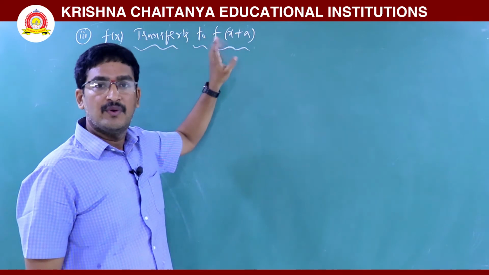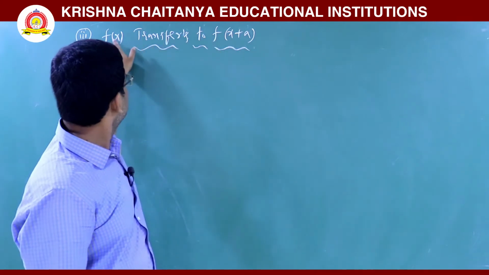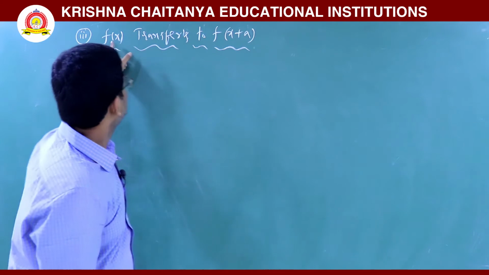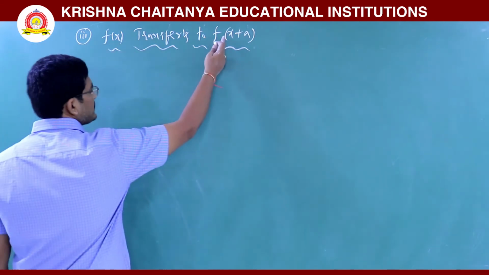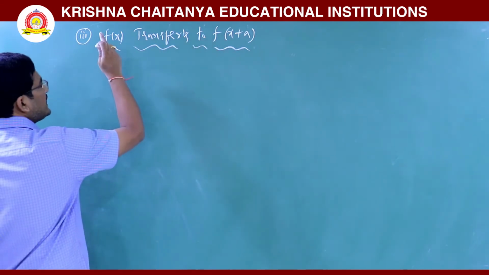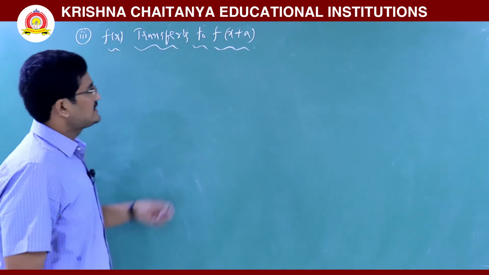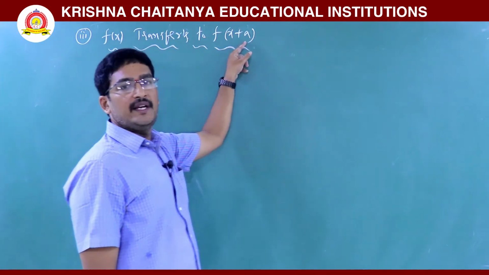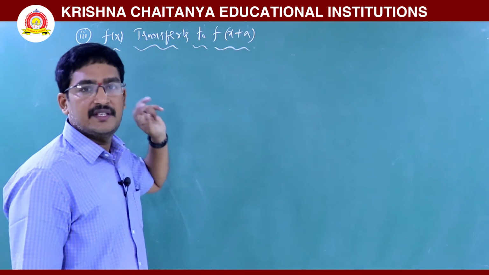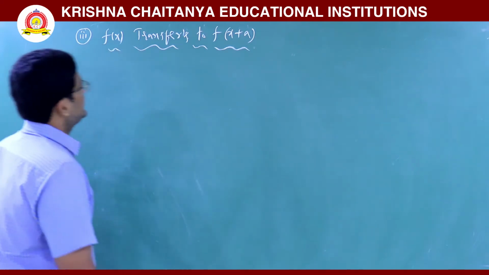What is the logic? What is the original curve? f of x. So to get the curve f of x plus a, we have to shift this function f of x through a units towards the left side.